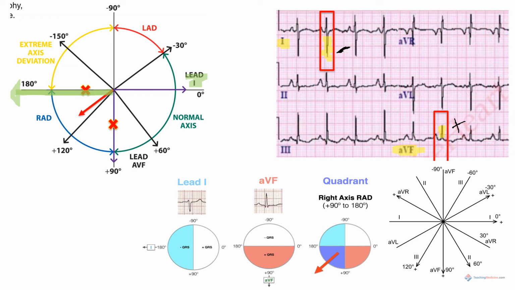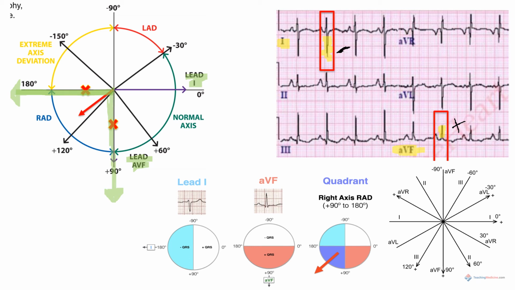Here is your AVF, positive 90 to negative 90. I'm going to draw my arrow headed downwards. Why downwards? Because it is positive. So I'm going to draw my arrow towards the positive 90 because it has a positive deflection. Okay, I drew my 2 vectors.